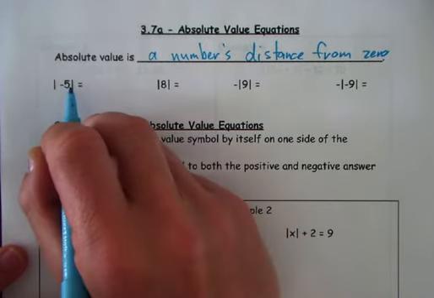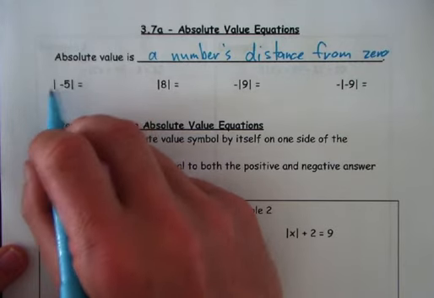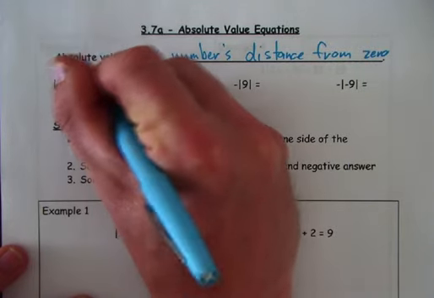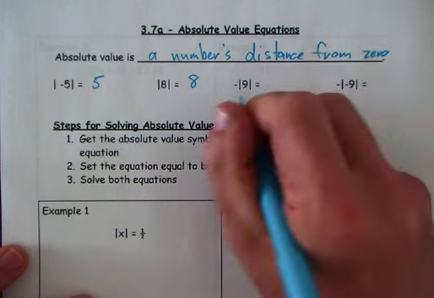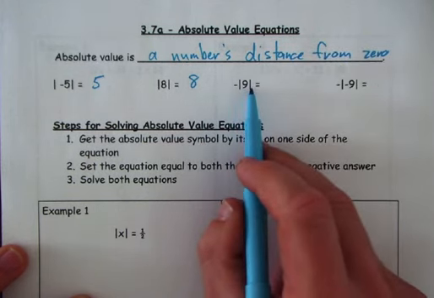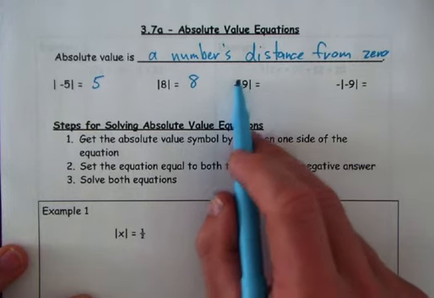Here we have the absolute value of -5. Basically, all the absolute value signs do is make everything positive. So if something is within the absolute value sign, it's going to be positive. -5 becomes +5. Absolute value of 8 is just +8. Here, the negative is outside the absolute value. So the +9 stays +9, and then it becomes a negative, because the negative's outside the sign.